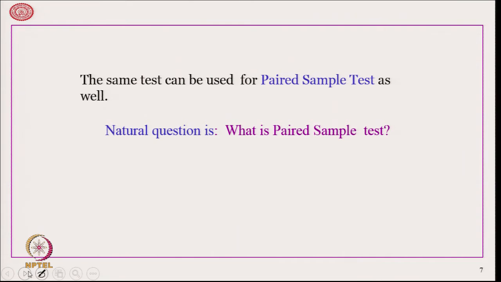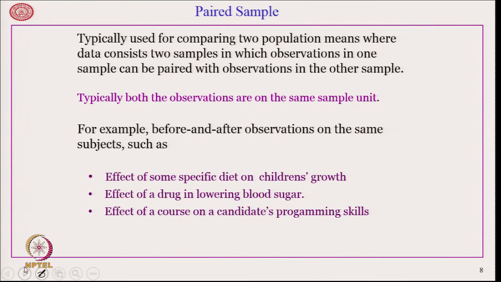The natural question is, what is a paired sample test? Let me first illustrate that. Typically, a paired sample test is used for comparing two population means where the data consists of two samples, in which observations in one sample can be paired with observations in the other sample.